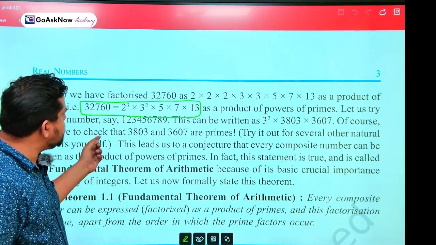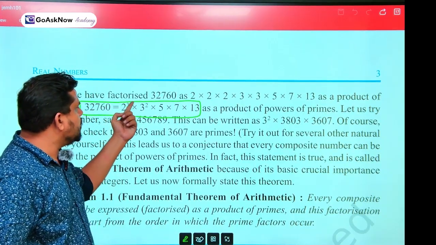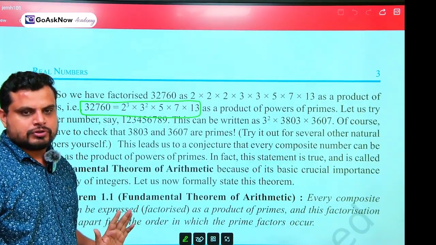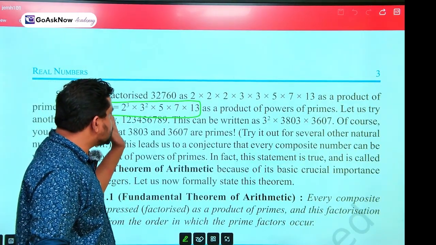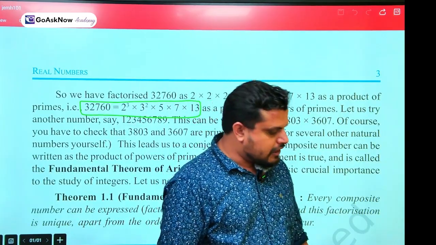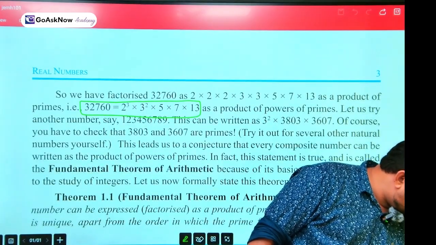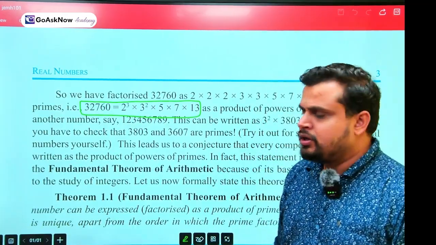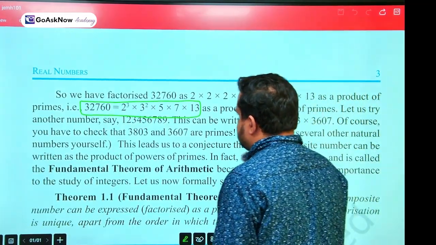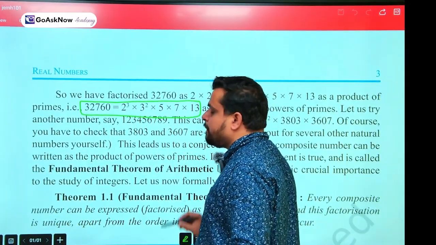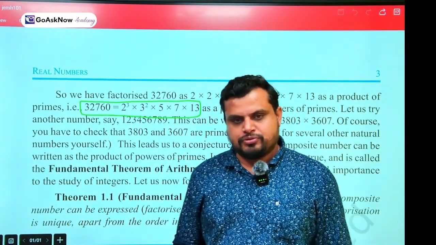So how many prime numbers are being used here? 1, 2, 3, 4, 5. Every number here is a prime number. So we can say that this number has been written as a product of primes.